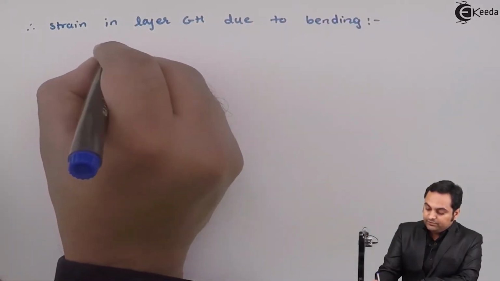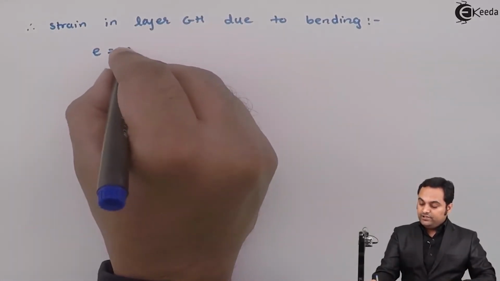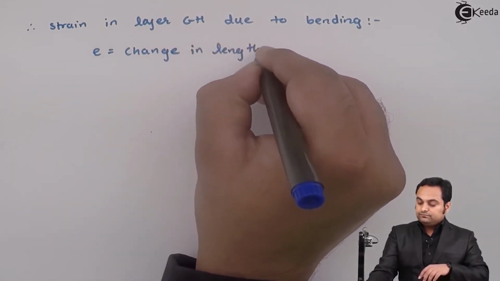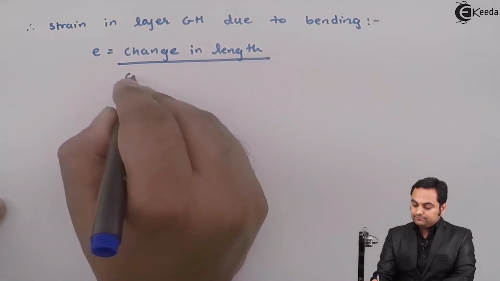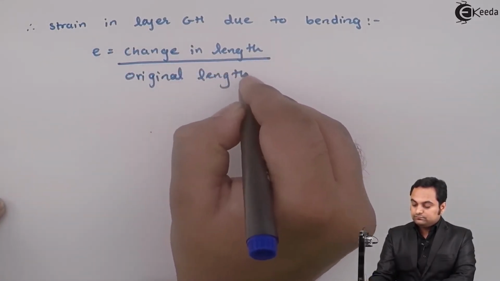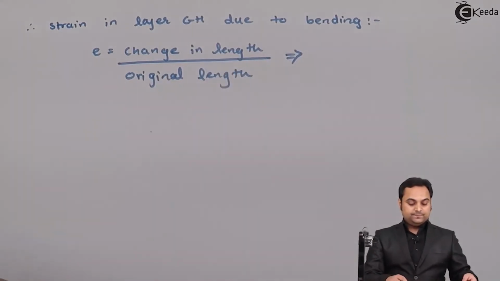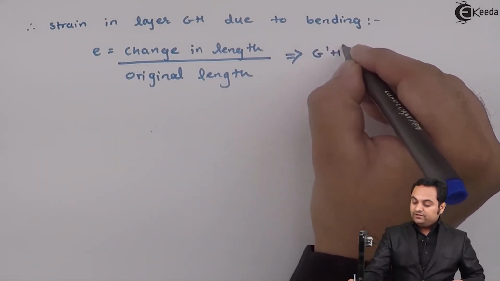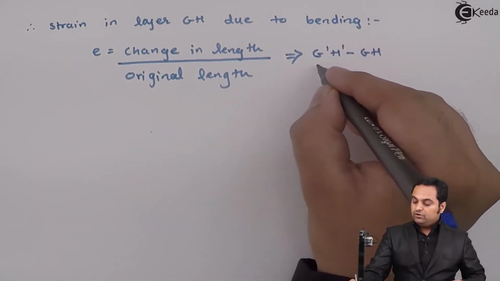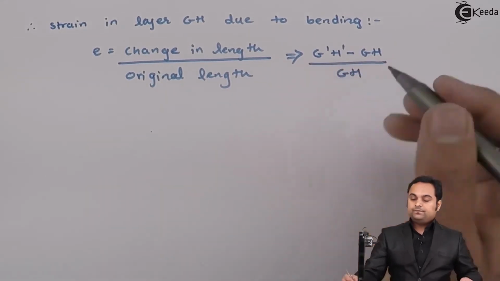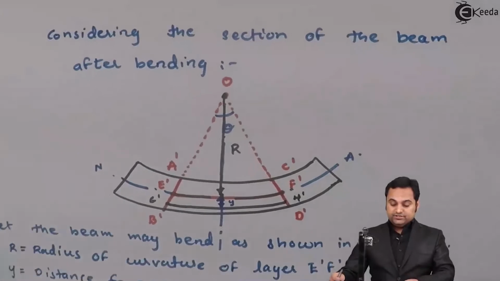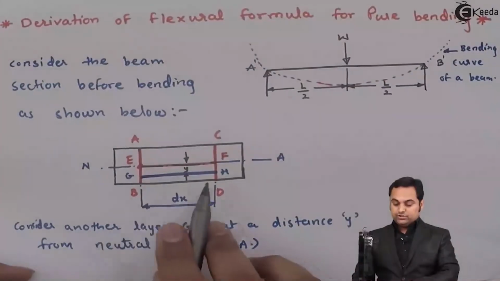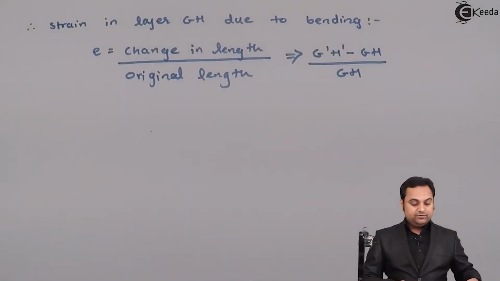Now that strain will be denoted by e is equal to, and the formula of strain is change in length upon original length. So here the change in length is G dash H dash, the final length, minus the initial length GH, also called the original length, divided by GH, the original length.